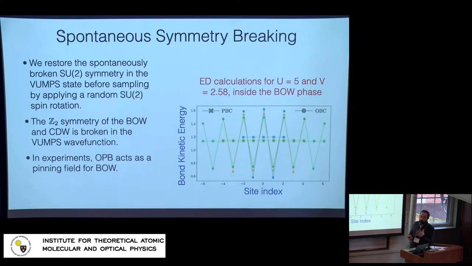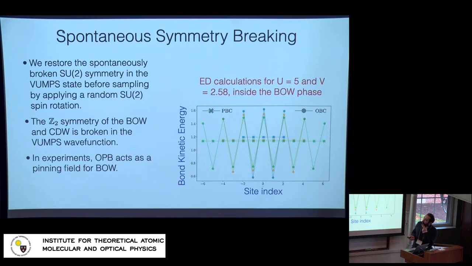So we have to fix that, and we do that by locally rotating the spin at every site, and then uniformly repeating that at all sites. So that happens before every sampling. So for every sample, you have this spin direction in a random direction.